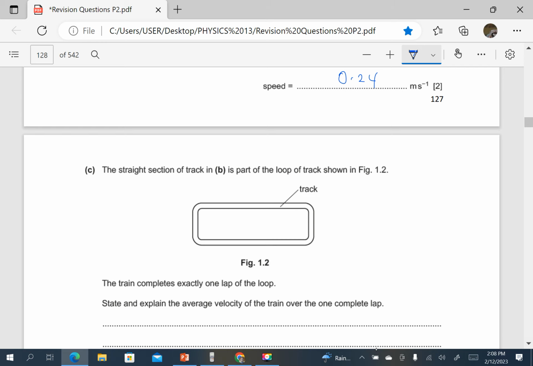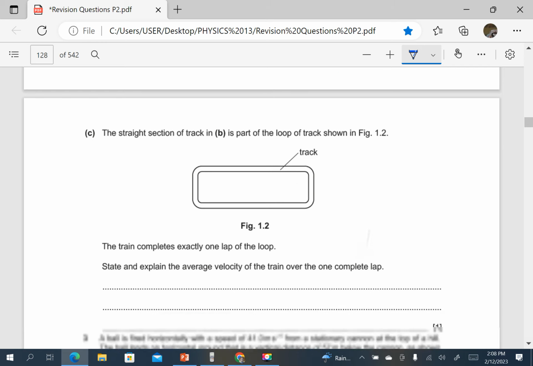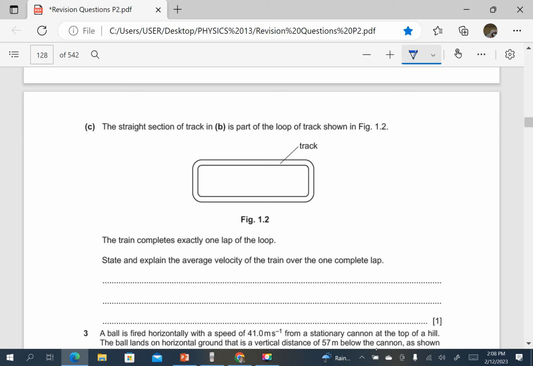The straight section of track in B is part of the loop of track shown here. The train completes exactly one lap of the loop. State and explain the average velocity of the train over the one complete lap. Of course, here the answer is 0. Because it's one lap, the change in displacement is 0. The shortest distance between the starting point and the final point is 0.